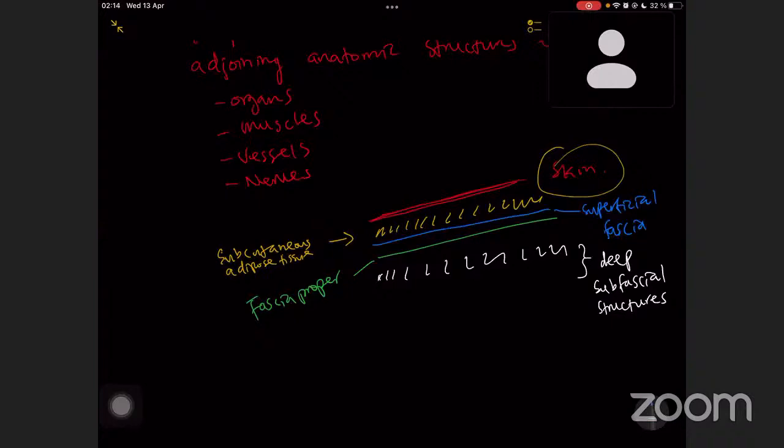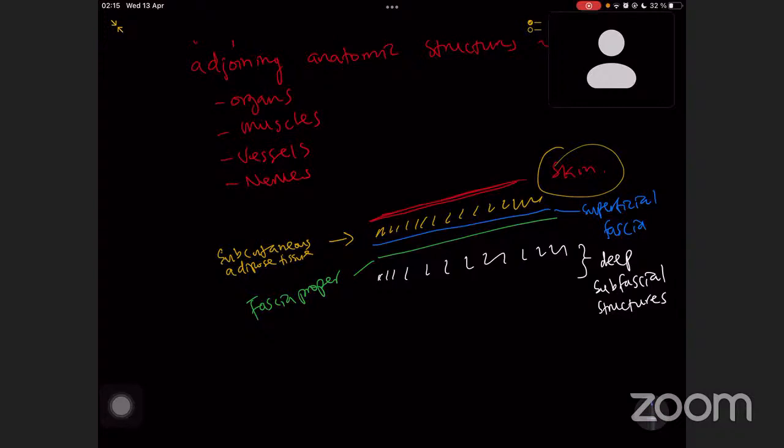Synthopy is described by examining the layer by layer study of an anatomical region from the surface into the depth. In other words, synthopy is the location of the organ in relation to the different layers of the body, from the skin to the deeper layers.